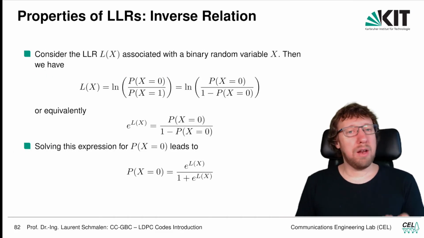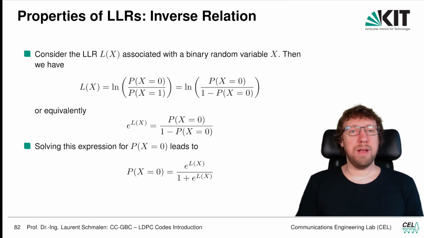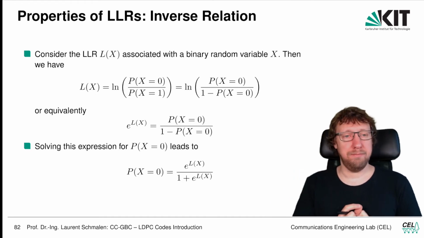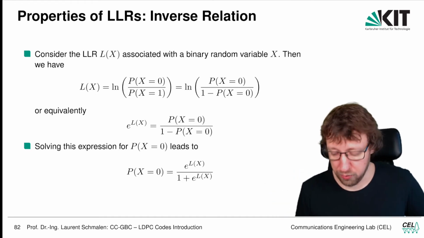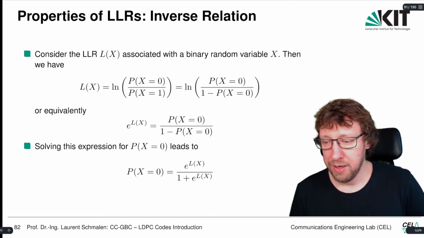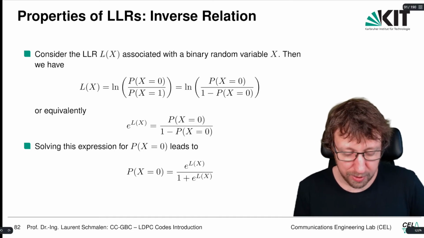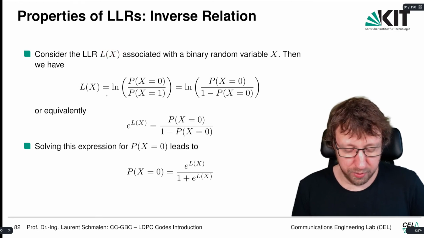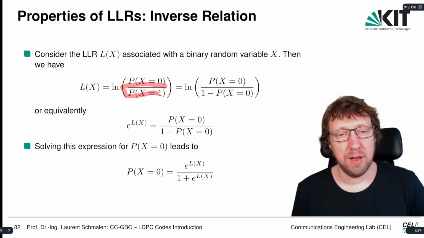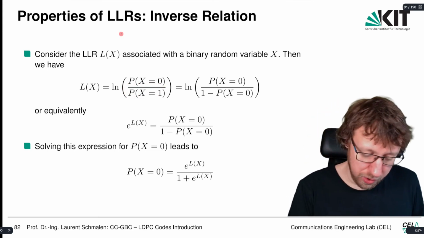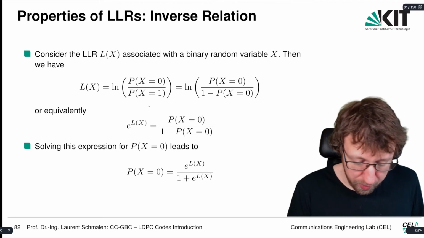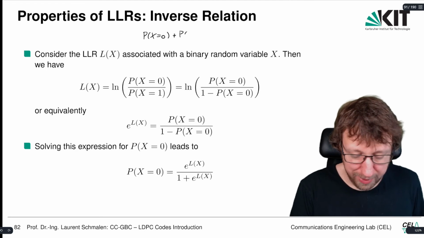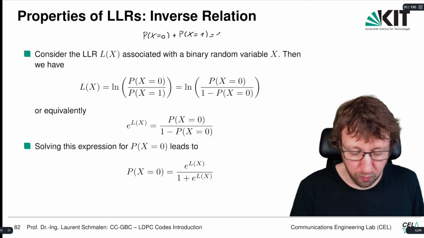So now let's take a look at the inverse relation. Assume that we are given a log likelihood ratio and we would like to calculate a probability. So what we do for this calculation is the following. We start with a log likelihood ratio L of x. Because we have a binary random variable, we know that P of x equals 0 plus P of x equals 1 is equal to 1.